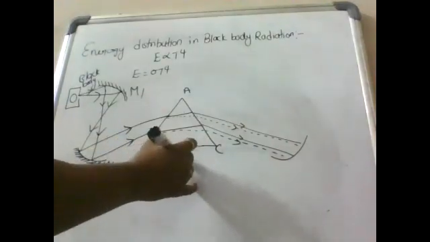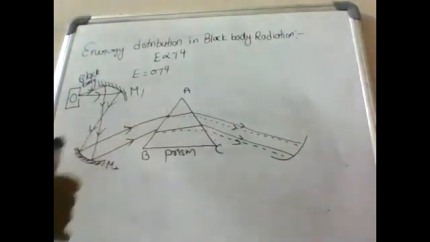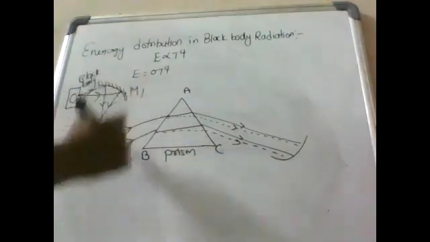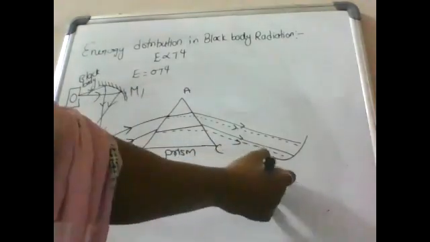So this is prism ABC. Here M1 and M2 and this is M3.